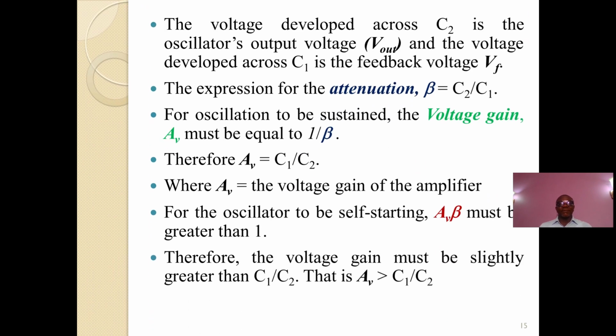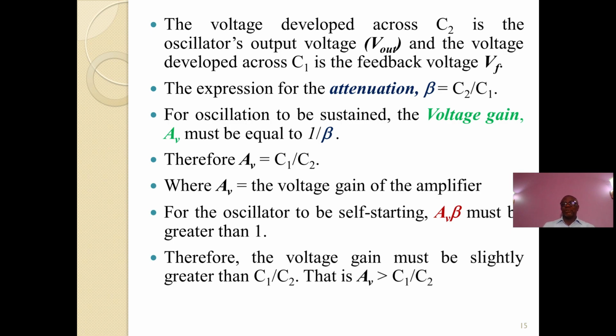Now, let's see what happens. The voltage developed across C2 is the oscillator's output voltage V out, and the voltage developed across C1 is the feedback voltage Vf. The expression for the attenuation is beta equals C2 over C1. Recall that the attenuation is the ratio of the output voltage to the input voltage.